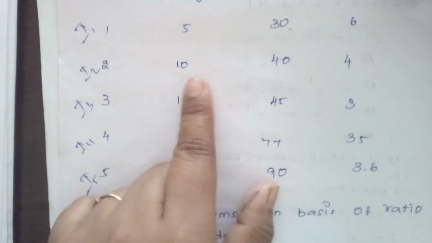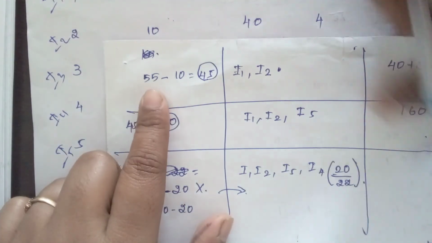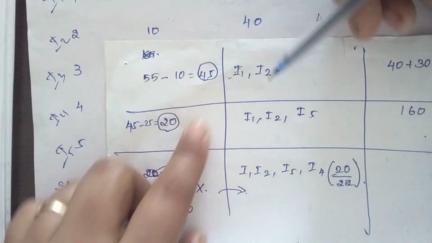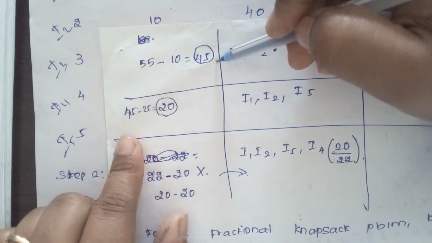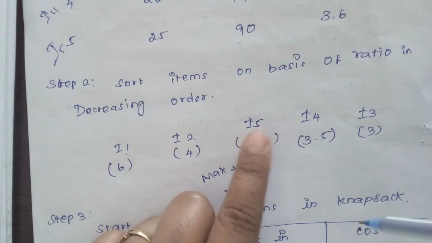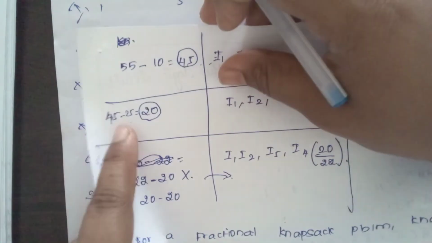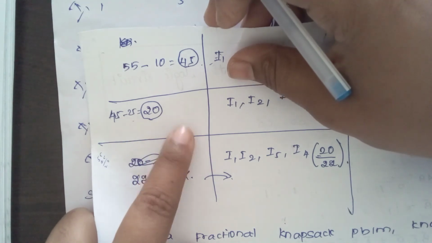Okay, next I am going for the fourth object. The fourth object has weight 10, so I am subtracting: 55 minus 10, 45. Next object, 3.6, that is the fifth object. The fifth object has 25. I'm subtracting 45 minus 25, it becomes 20.